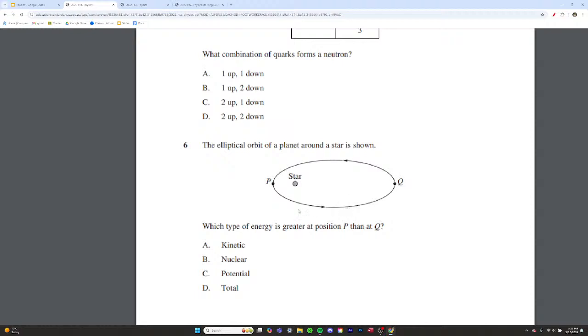So when is the pendulum the fastest? At the bottom. If you've ever been on one of those carnival rides that goes all the way around, whenever it gets to the top, it's really slow, like it nearly stops, and you feel like you're gonna fall back down. It's A. It's not nuclear. It's not total. Total would be the same. Potential is at Q.